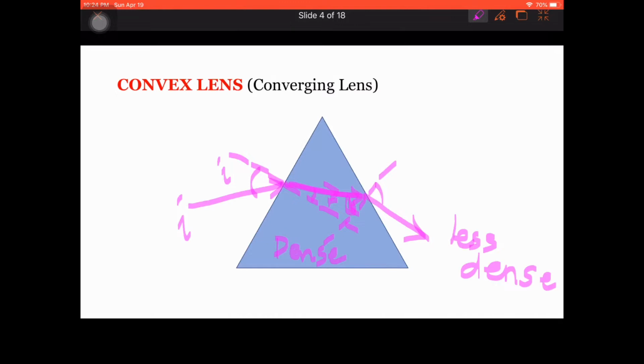So it will bend away from the normal. That's the normal behavior of light as it goes from less dense to denser, and then denser to less dense. Now all prisms will have a light ray behaving this way. It always bends towards the wider end of the prism, always towards the wider end.